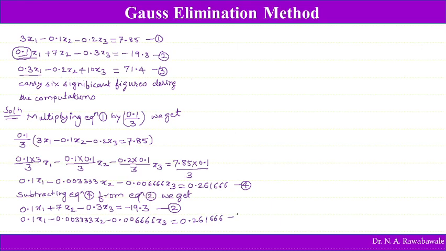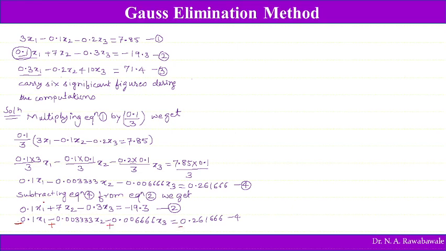This is equation number 4. Since we want to subtract, the signs of this have to be changed. Positive is changed to negative, negative to positive, negative to positive, and positive to negative.